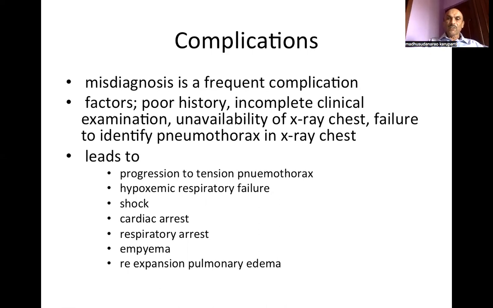Or failure to identify pneumothorax in the X-ray chest: the X-ray is available, but you are unable to identify the pneumothorax. So these are some of the factors where you misdiagnose the patient, and it may lead to complications.